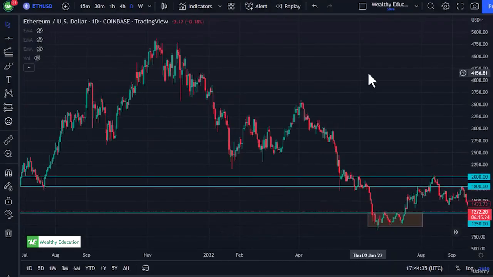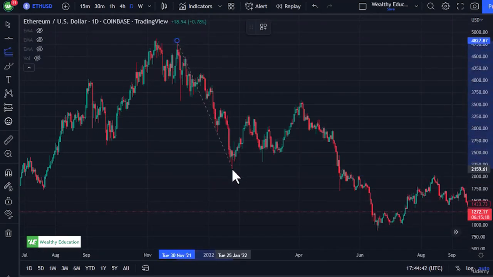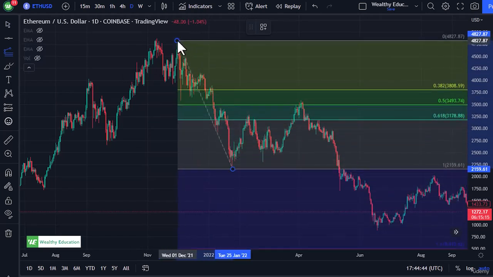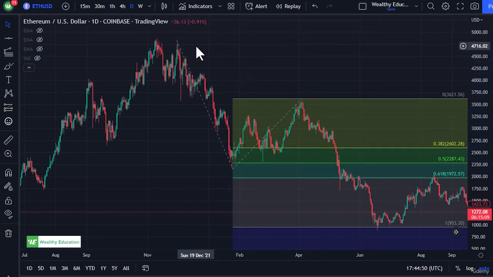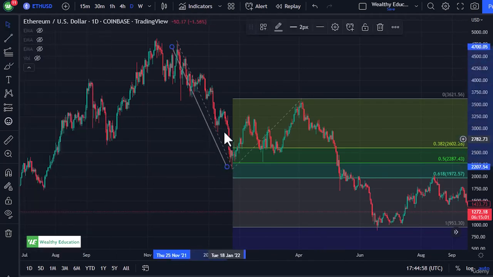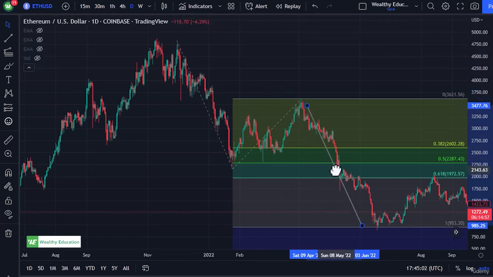Let's do the Ethereum markets. Get rid of the drawings. So what this represents is, so that's 100% of the original move, right? And this represents a doubling of the move.